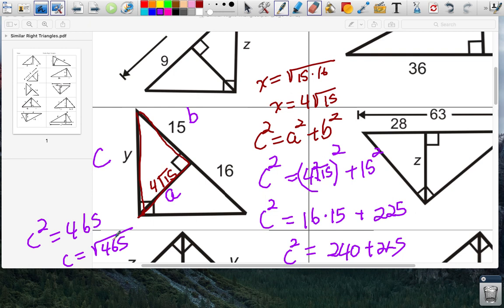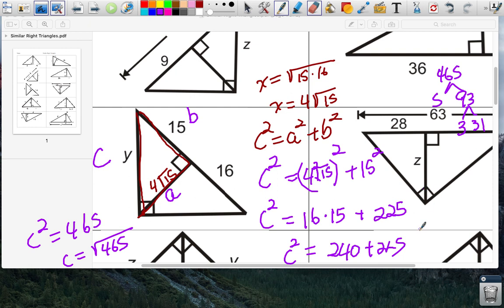Should I simplify it? We can simplify it, but don't go too crazy here. 465 divided by 5 is 93. 93 is 3 and 31.